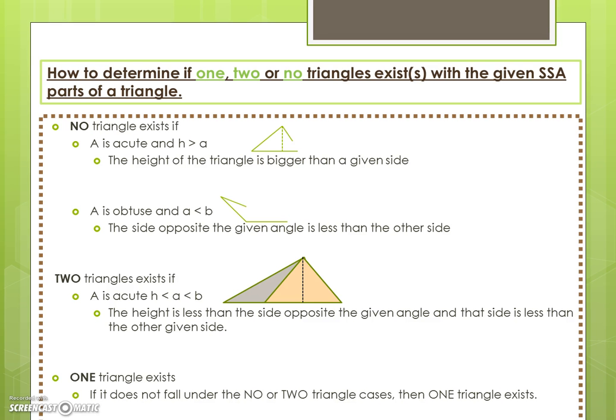So here's how we're going to determine if 0, 1, or 2 triangles exist with the SSA case. There's no triangle going to exist if A is acute.